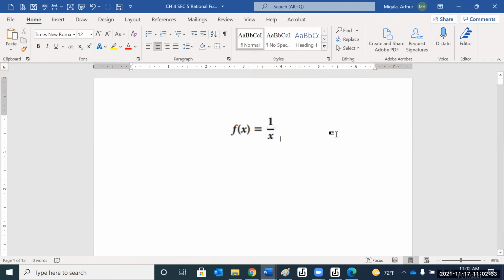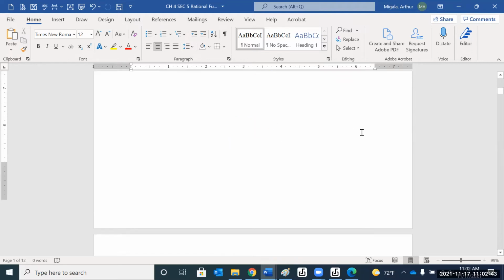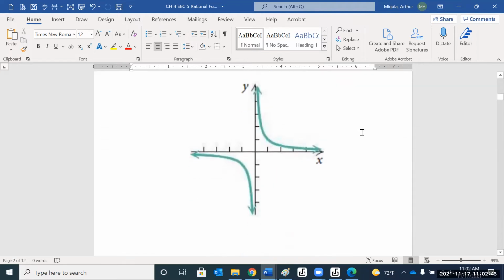Is there a horizontal asymptote? Yes, there is. There are more x's on the bottom, so the horizontal asymptote is 0. Here's the graph. The horizontal asymptote is 0, the x-axis, and the vertical asymptote is 0, which is the y-axis.